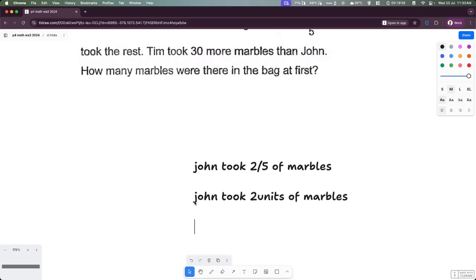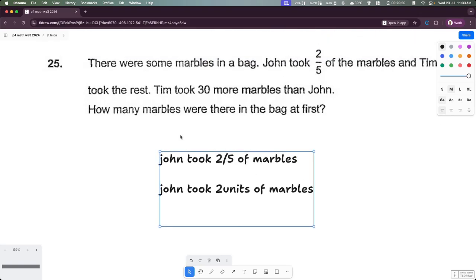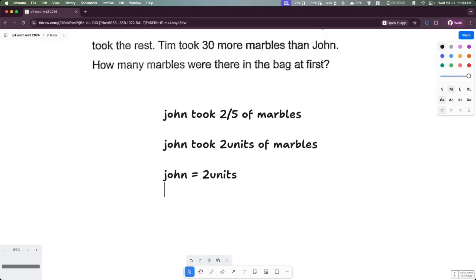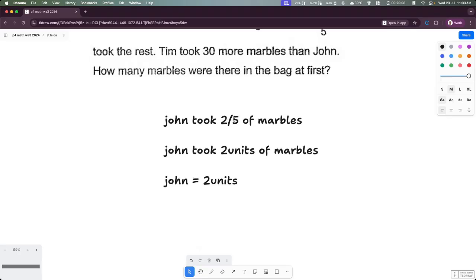So in a way, let me just put this over here. So John is equal to 2 units. Okay. And then what's the total? So the total is actually the denominator here, right? So total is equal to 5 units, right?